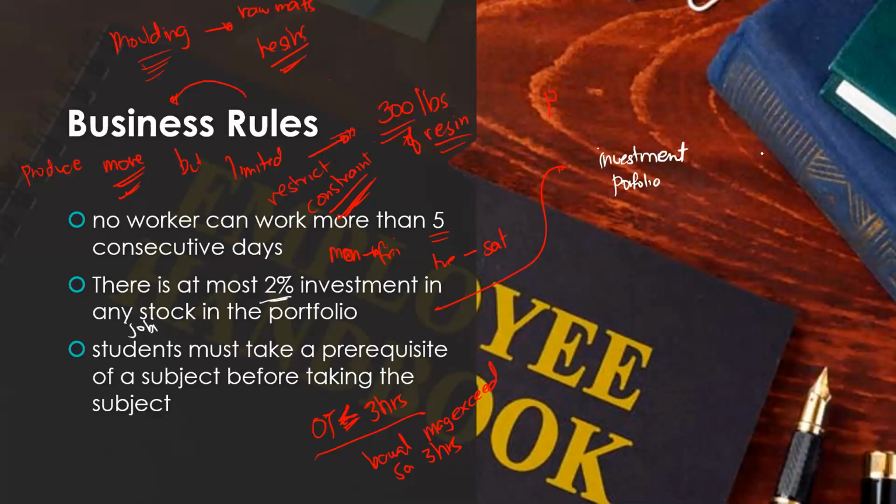At most 2% from Jollibee. What equation do we use here: is it equal, less than or equal, or greater than or equal?